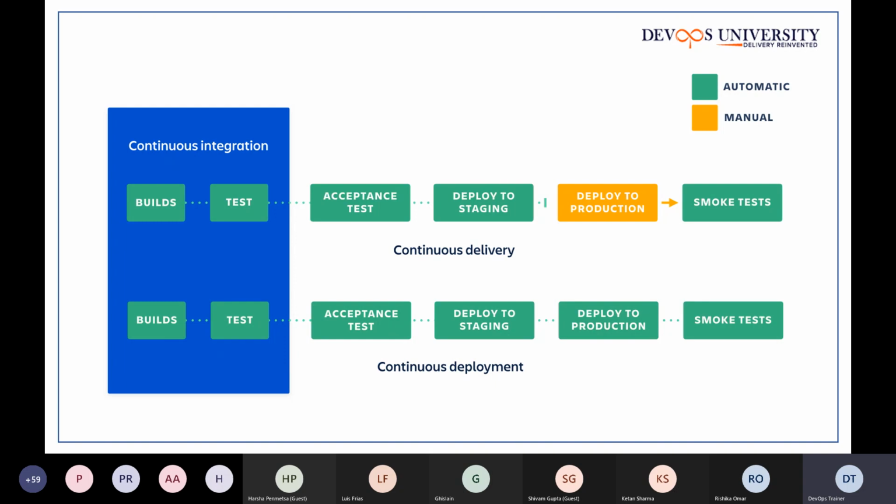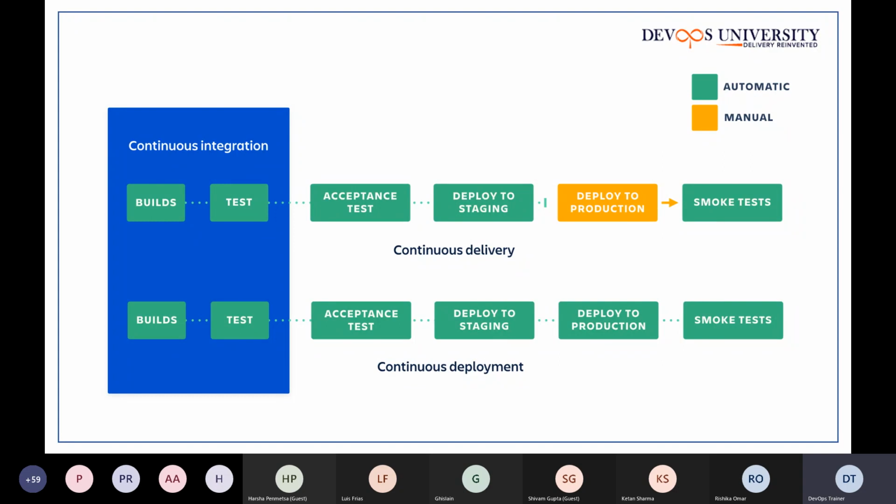Now, continuous deployment is something in which we are dealing with an application deployment. That's what we are trying to conduct over here. Which means we are trying to roll out our applications to a specific environment.